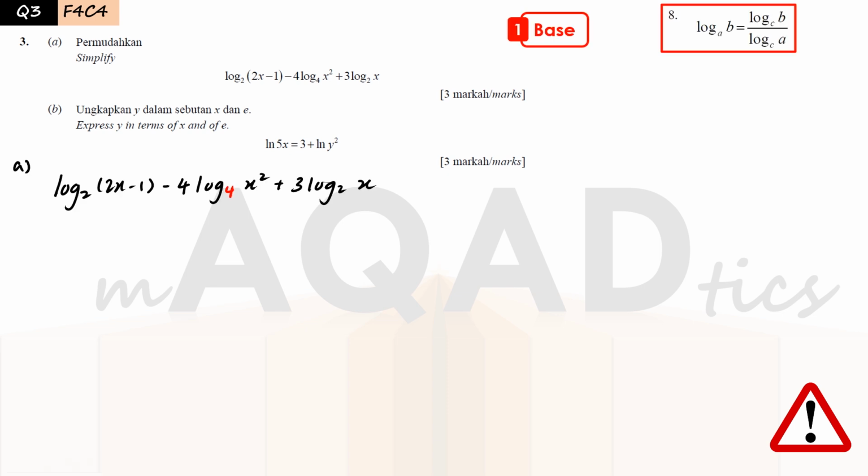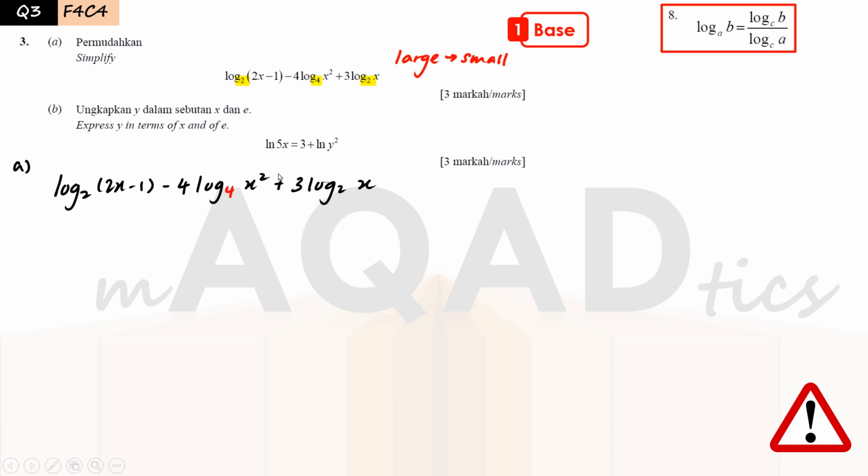A rule of thumb to change the base is to always change the logs which have a larger base to the smaller base. Now if you see, we have the base of 2 and 4. So I'm going to change the base which has 4 to 2.